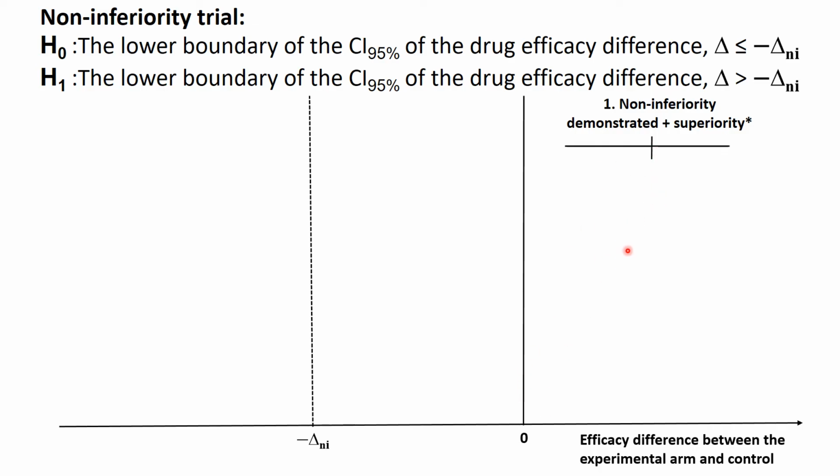So it's beyond 0 and it's demonstrating at the same time superiority. Let's move ahead. Looking at the second example, it's also demonstrating non-inferiority, but this time around it's not demonstrating superiority because it hasn't passed 0. So the phenomenon that I just explained here is what we call the passage from non-inferiority to superiority is possible.